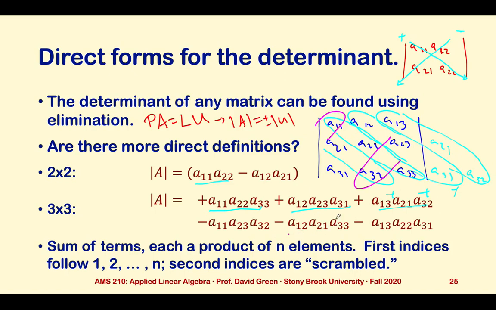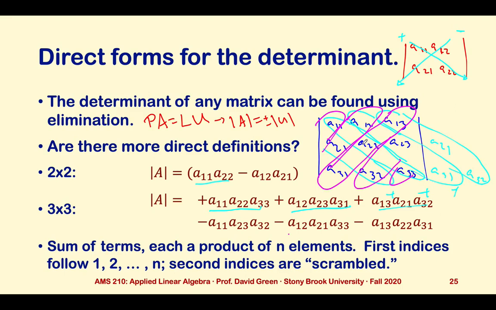A12, A21, A33, we start here, we go backwards and wrap around to the last entry, and A13, A22, A31 is the anti-diagonal down the middle. So three positive terms slicing forward through the matrix, three negative terms slicing negatively through the matrix. If you like to remember this form, and the rule of Sarrus helps you, go ahead and do so. It is not necessary to remember that form.